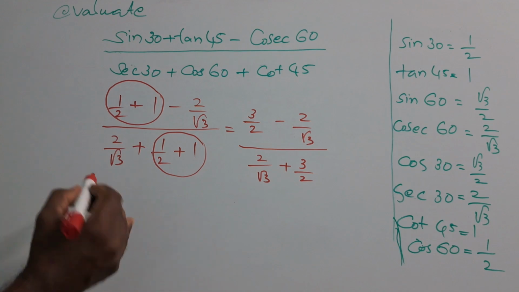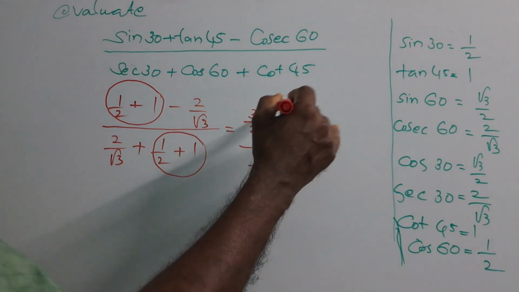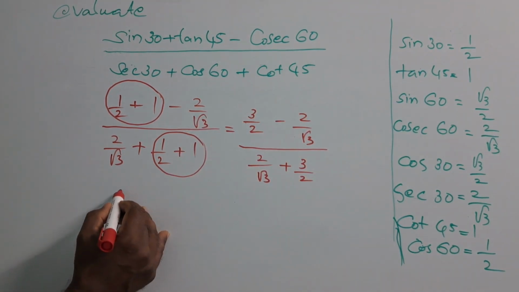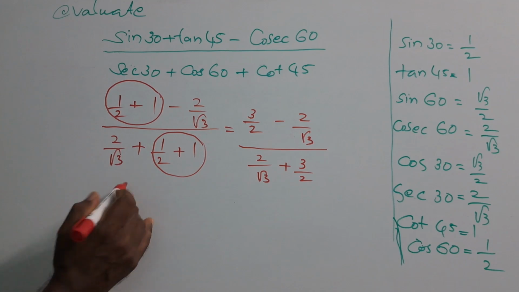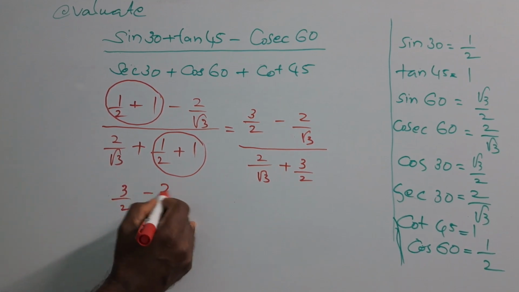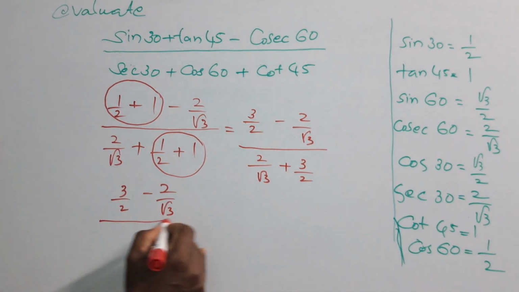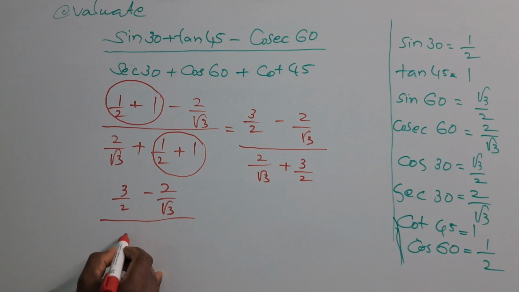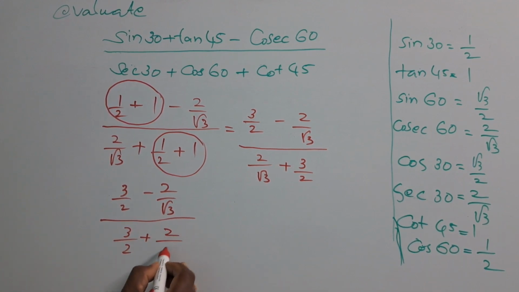For our convenience, again I make a rearrangement: 3 by 2 minus 2 by root 3, by 3 by 2 plus 2 by root 3.